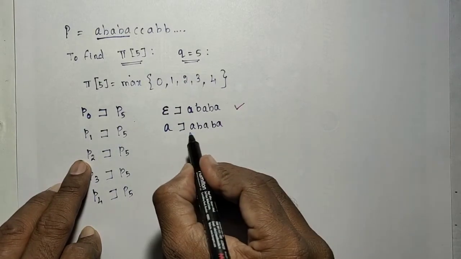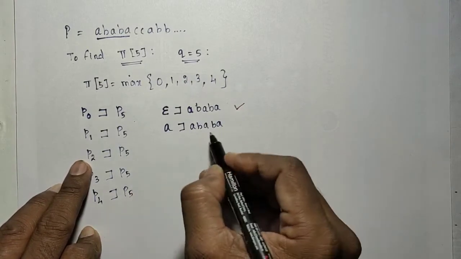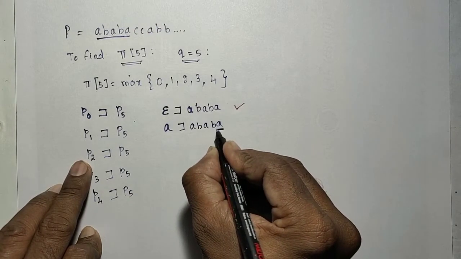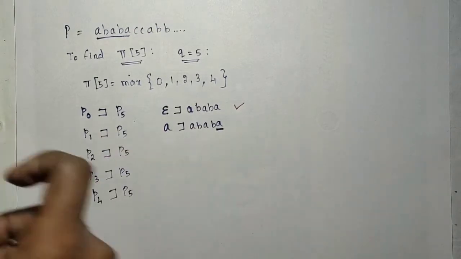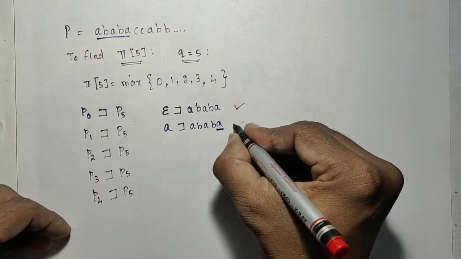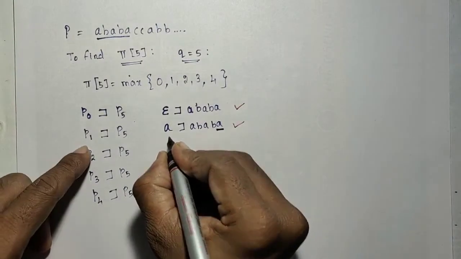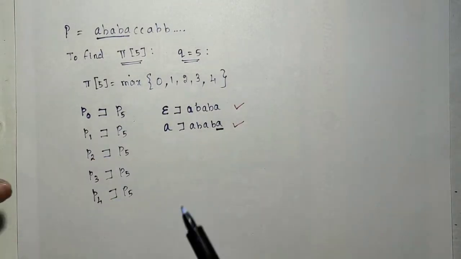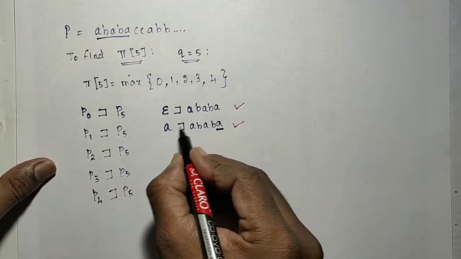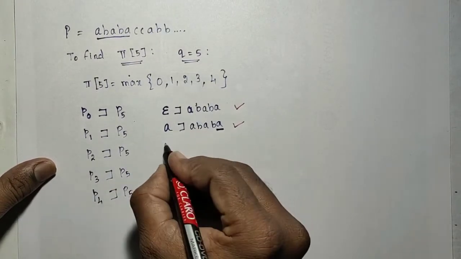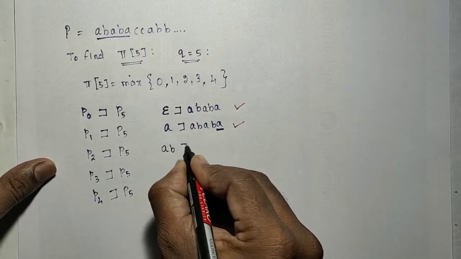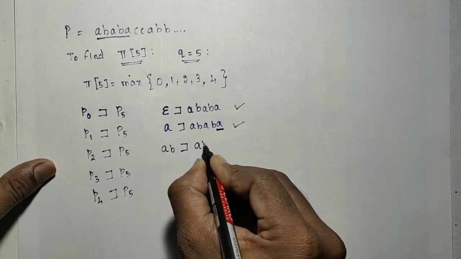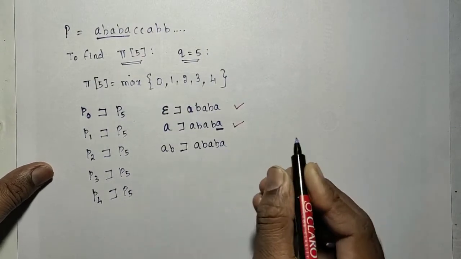It means p5 ends with that a, like that we need to check. So it ends with this a. So this is also a suffix, correct? So that prefix p1 is also a suffix.